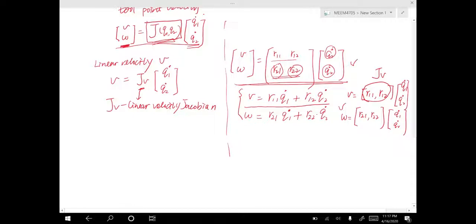Then let's see what that is. In the definition, this is for calculation, right? And this Jacobian matrix is for calculation, and it is a function of the position only. So how are we going to achieve that? Let's do one more thing. Since this is a linear velocity, it is more than one dimension.